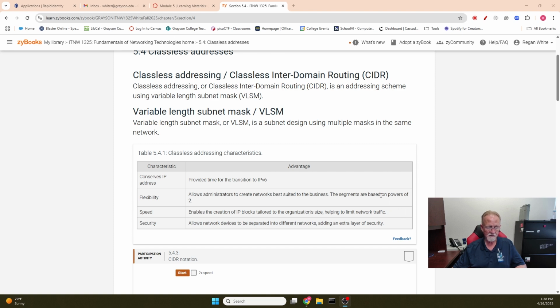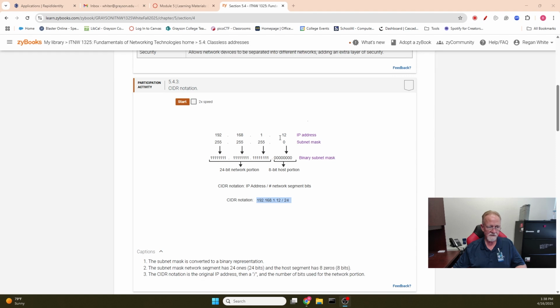So there you go. All right, CIDR notation. Basically, you've got a subnet mask here, 255.255.255.0, and an IP address here, 192.168.1.12. And if you set this into binary, 255 is going to be 8 ones, and 0 is going to be 8 zeros.